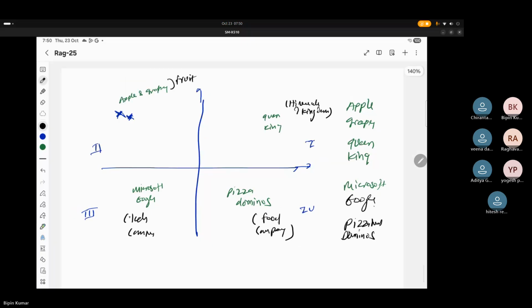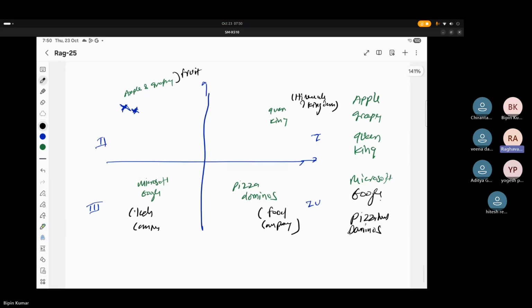Anyone? First sector. Correct. So this will put minister there. And let's say if maybe Oracle comes, Oracle will come into the third sector. It will know, okay, this is a company, so it will place that into that sector.